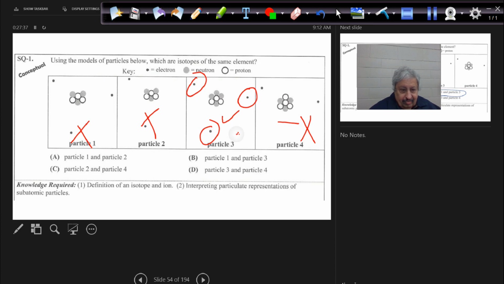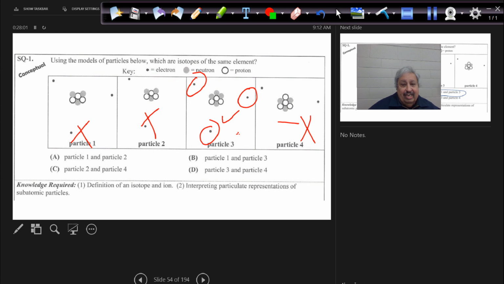That's different. So particle 1 and particle 3. Particle 1 is 3 neutrons, correct? And 3 what?